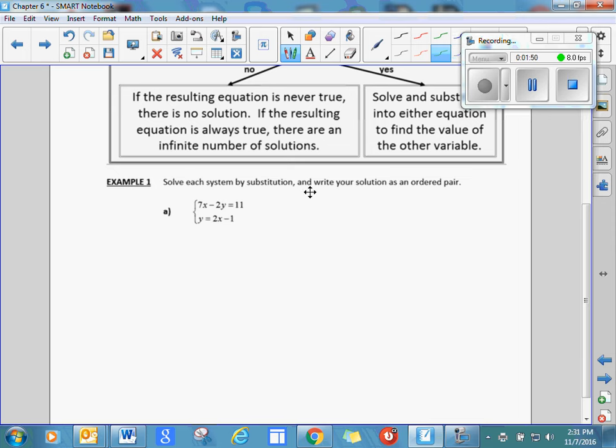So we're first going to figure out how substitution works.